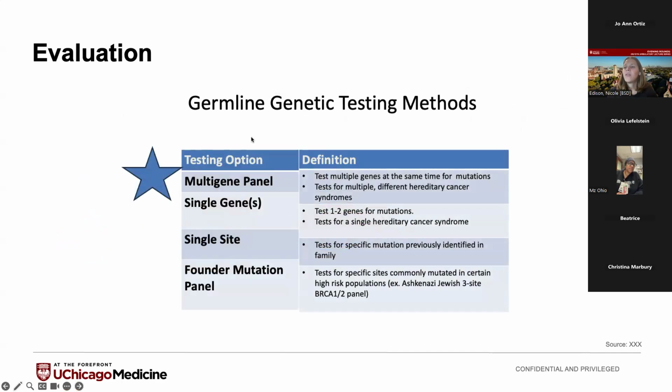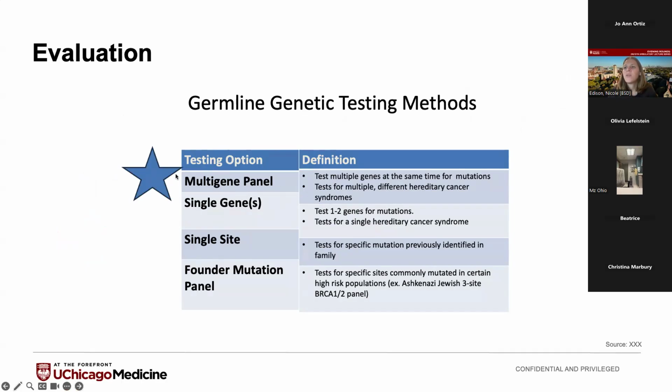In terms of our testing methods, we used to just look at maybe a few genes or the gene we thought was most likely. But now, as testing has gotten a little bit easier, we can test for multiple things at once. Mostly, we're doing what are called multi-gene panels.